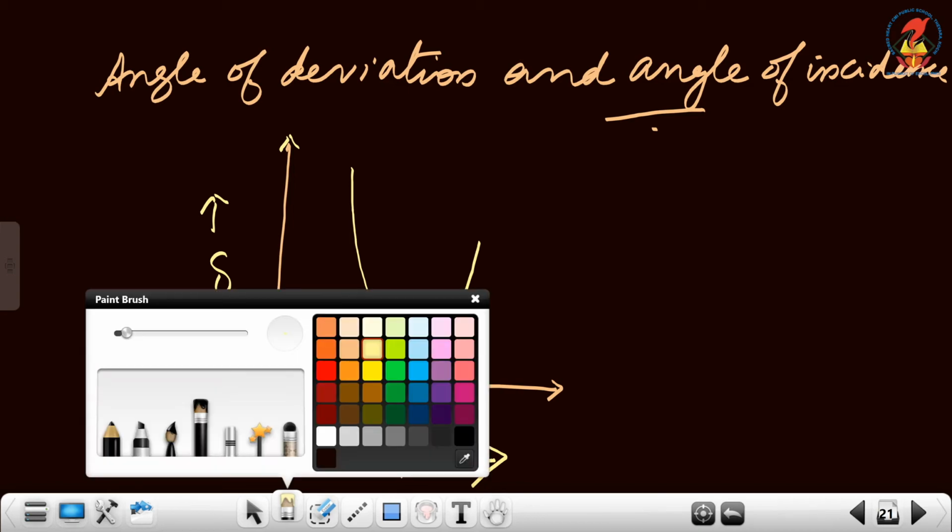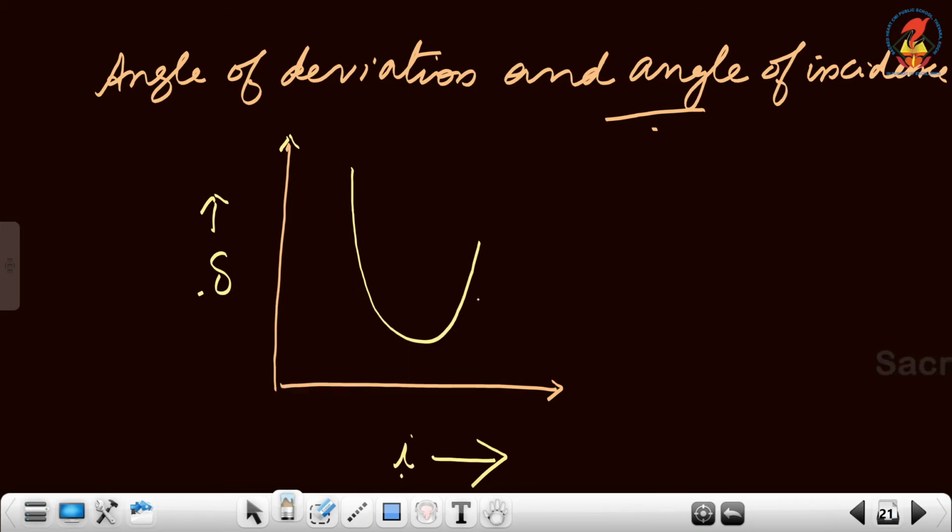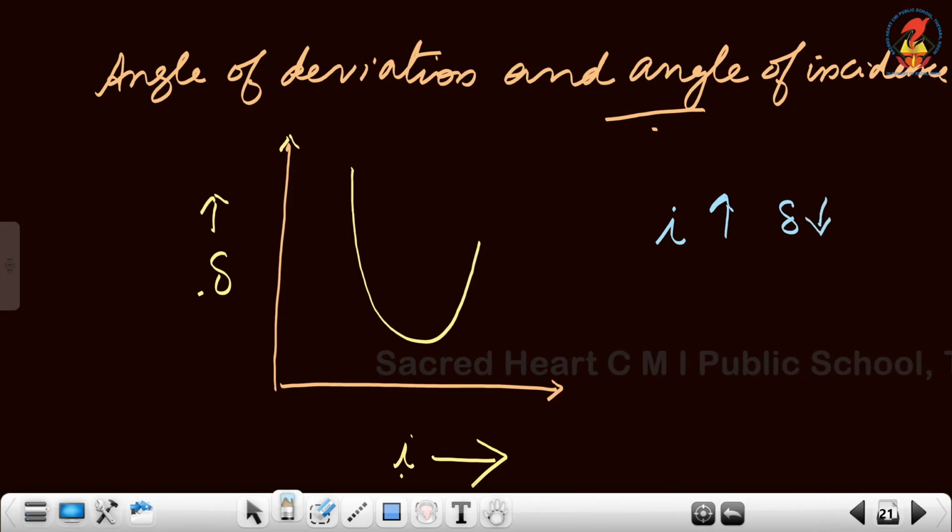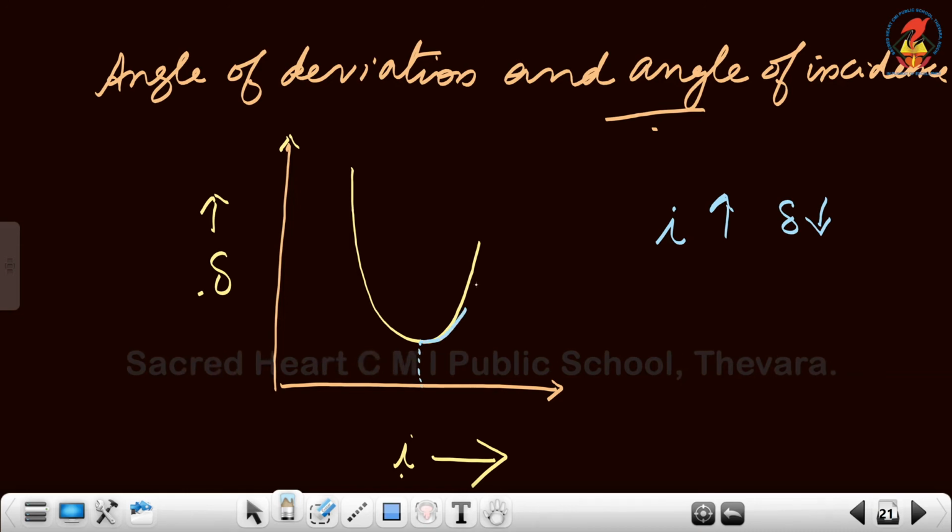And from the graph, it is clear that as the angle of incidence increases, angle of deviation decreases. It reaches a minimum value, and after that it keeps on increasing.